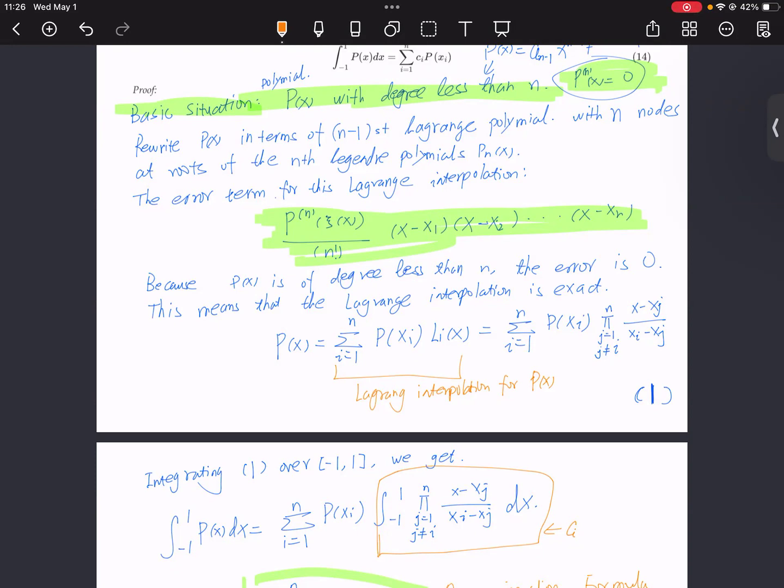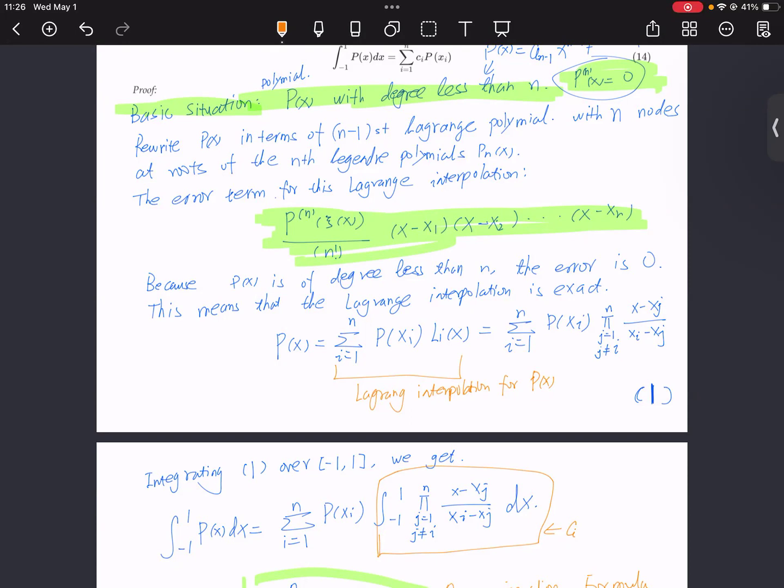Then there is another version, which is based on the basic version, and we prove that the formula is exact. I am just briefly mentioning this, not proving it.